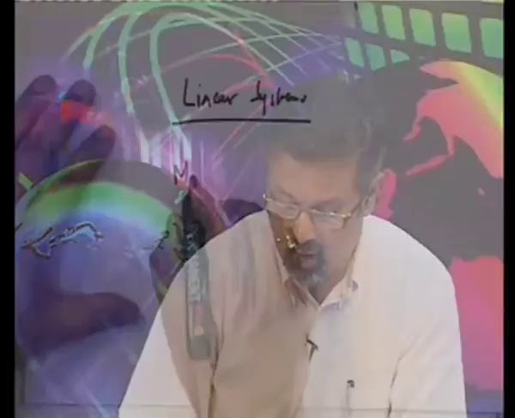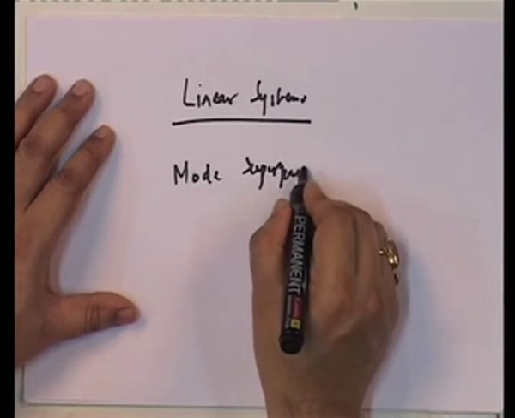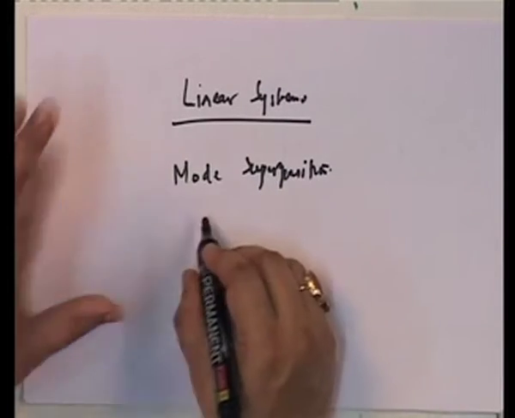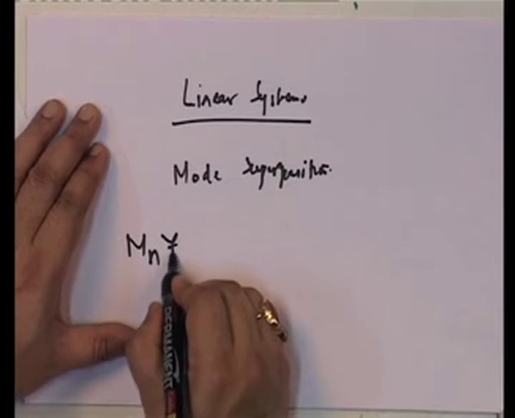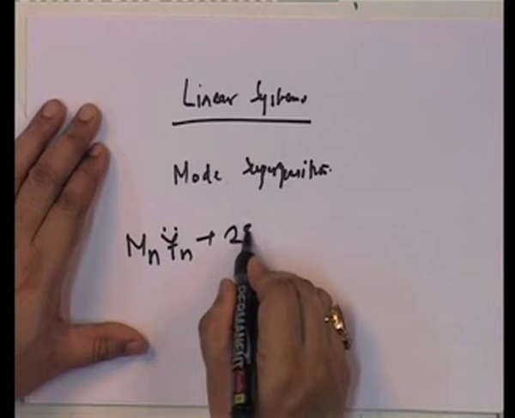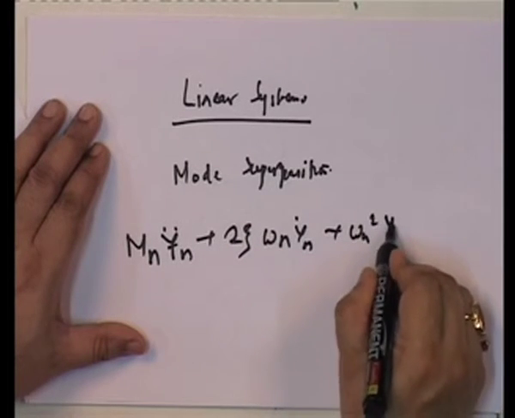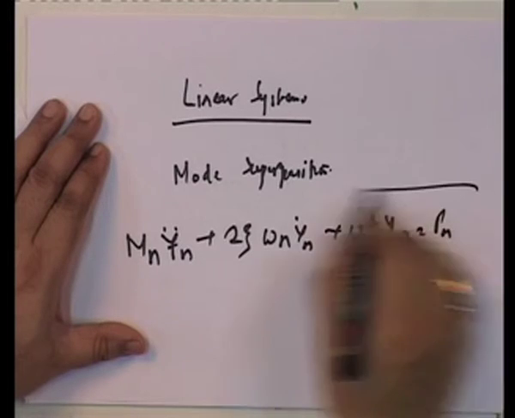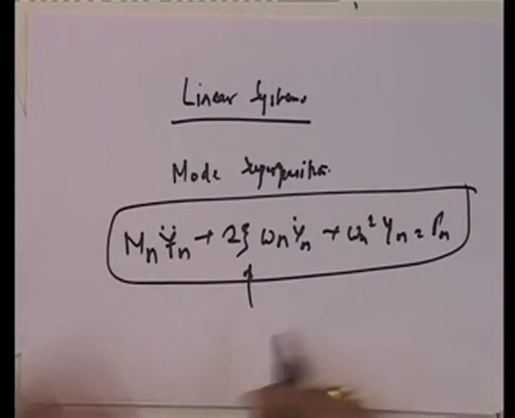Because you will always use mode superposition, and if you use mode superposition, this is the problem that you solve, where you take xi as the same in all the modes.